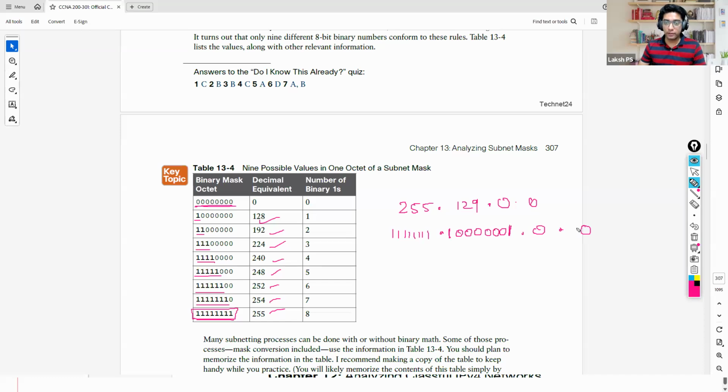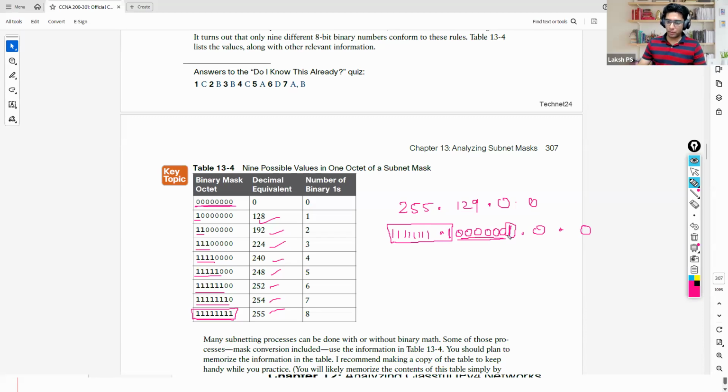Now for a networking device, as I said, it tries to find out the network part through the number of ones and the host part through the number of zeros. Over here, it finds out that this is a network part. Then suddenly it sees a 0, which means this should be a host part. Suddenly there is a 1 in between.